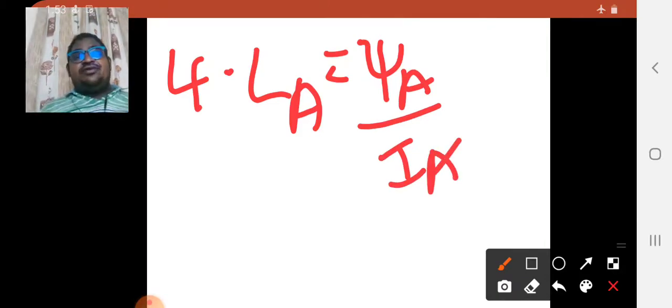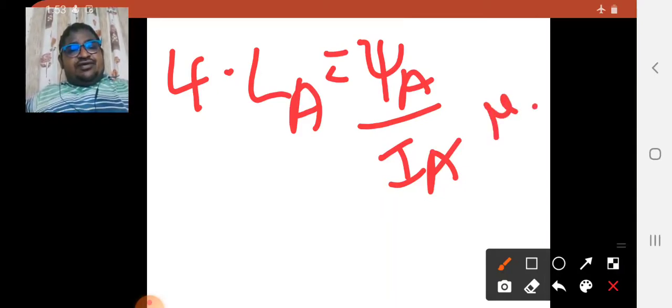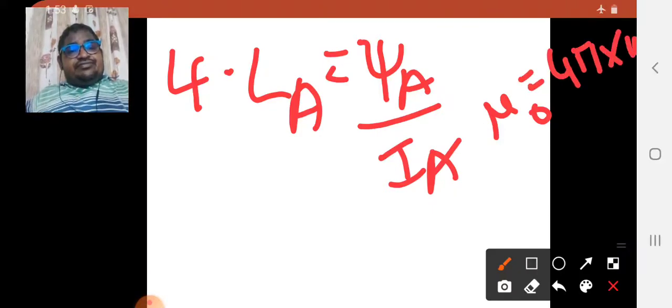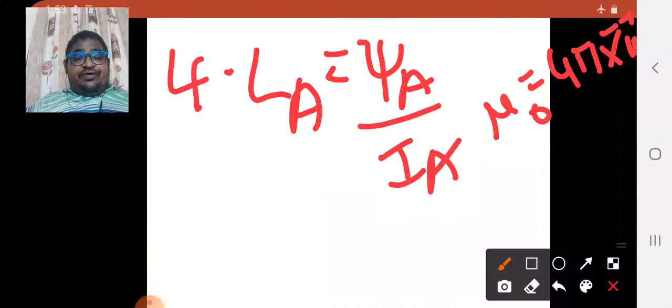Then you can observe IA gets cancelled. Also you substitute mu naught is equal to 4 pi into 10 power minus 7 Henry per meter.